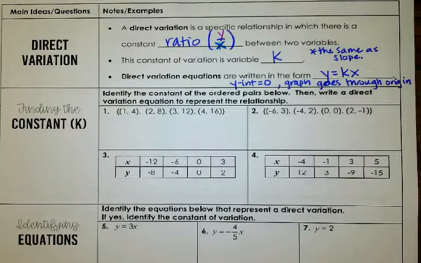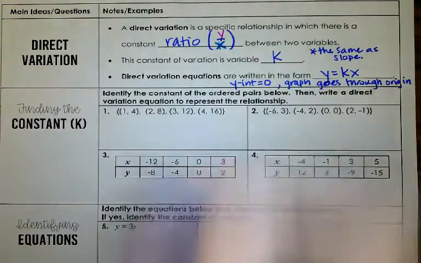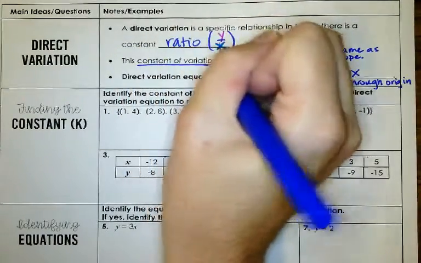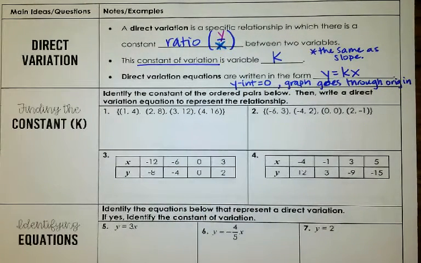If your y-intercept is anything else, it's not direct variation. Okay? And so what's nice is we can identify the constant between this ordered pair. The constant of variation is just the fancy way to say it's a slope for your direct variation.